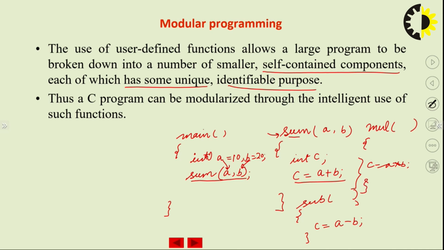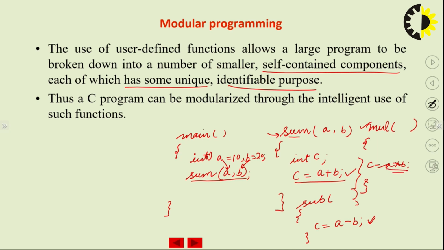So each of these functions is performing a specific, unique task. We can identify what operation it is going to perform. Sum is performing summation, subtraction is performing subtraction, multiplication is performing multiplication, right?